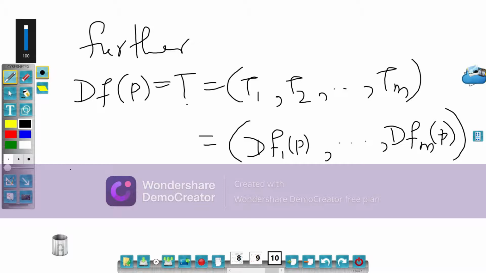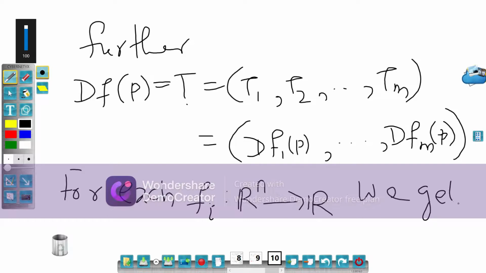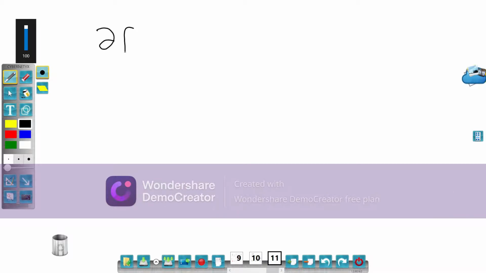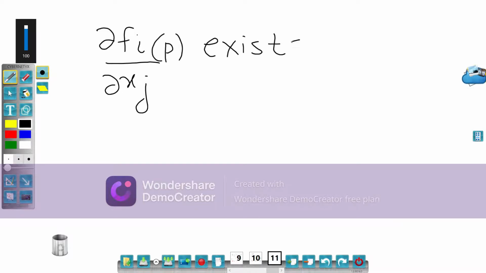For each fi from Rn to R, note that each fi is a scalar field. Since it is differentiable, partial derivatives exist. So we get dou fi upon dou xj at p exists for all j from 1 to n, that is x1, x2, up to xn.